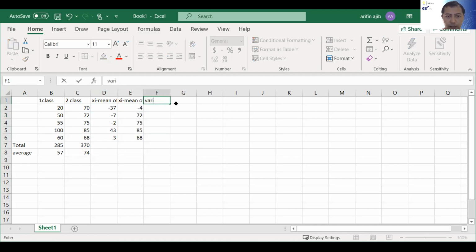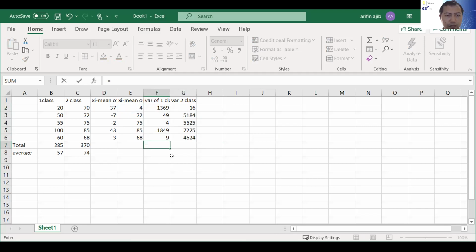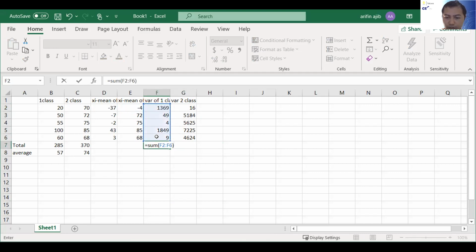So in this case, this is the variance of the first class, and this is the variance of the second class. And then sum up together. Divided by 5.